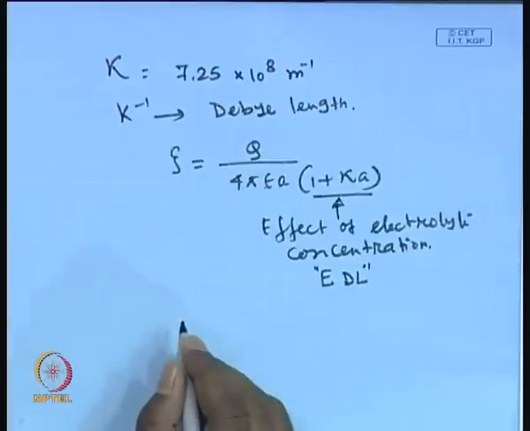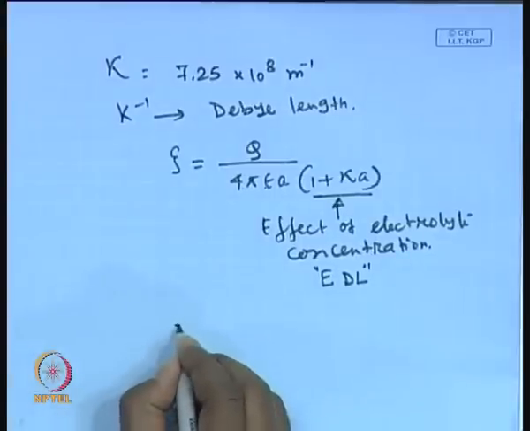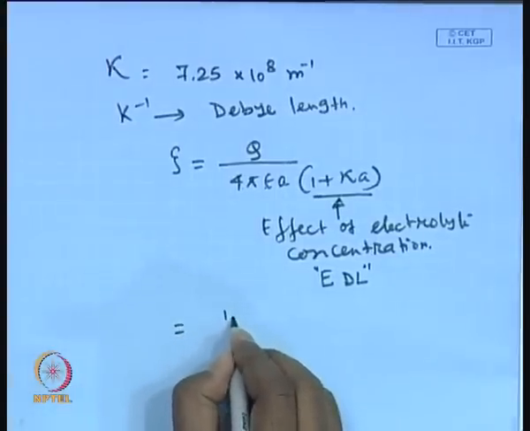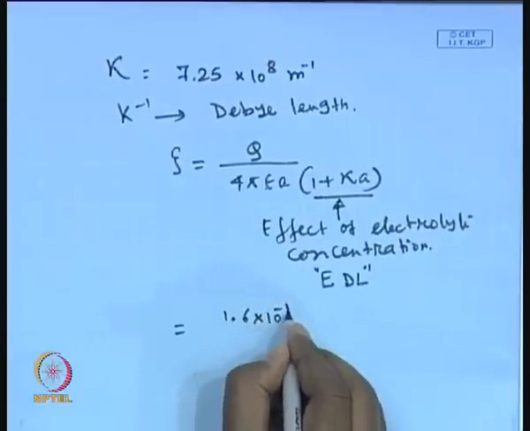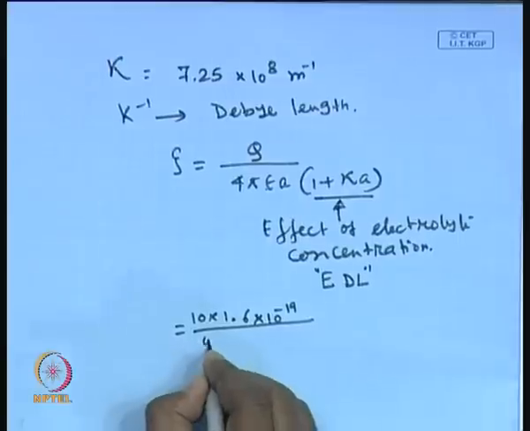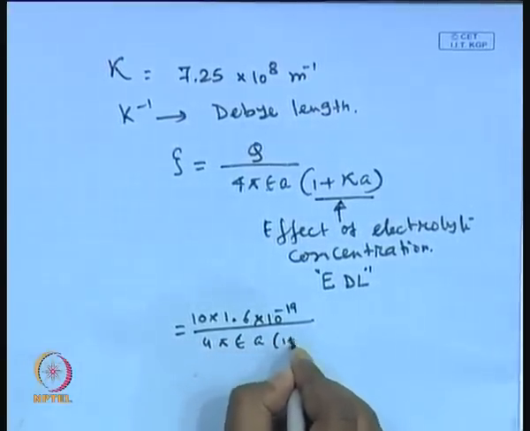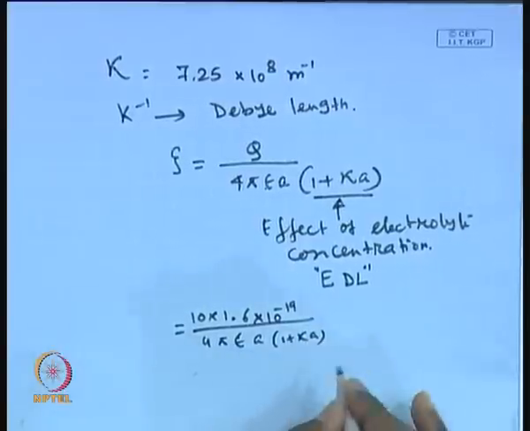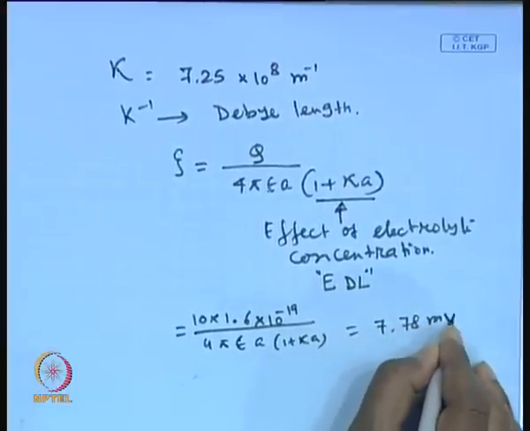If you use this formula, we have already found kappa, and if you put in the values, this becomes 1.6 into 10 to the power minus 19 times 10 E, divided by 4 pi epsilon a into 1 plus kappa a. I am not putting in all the values; it turns out to be 7.78 millivolt.